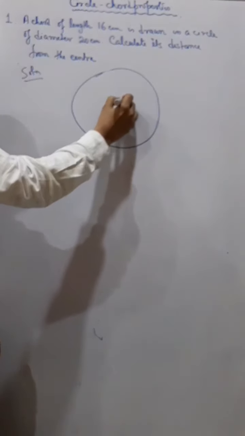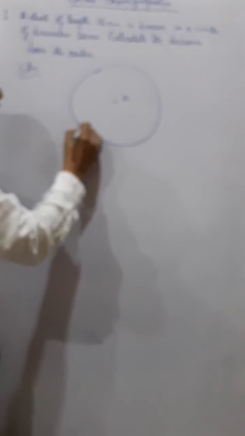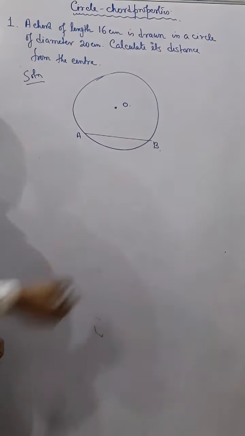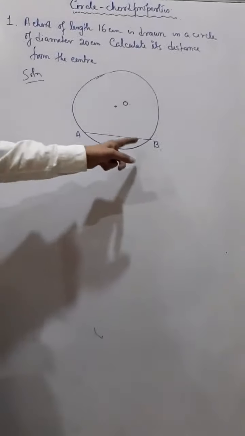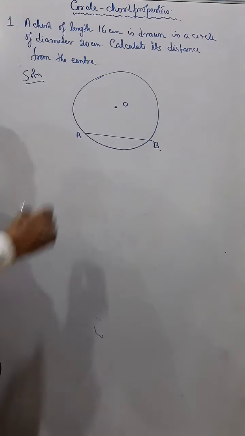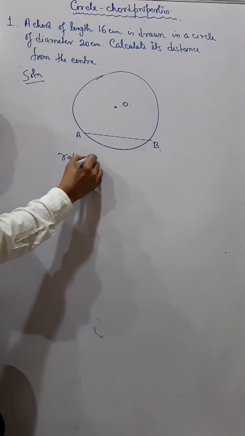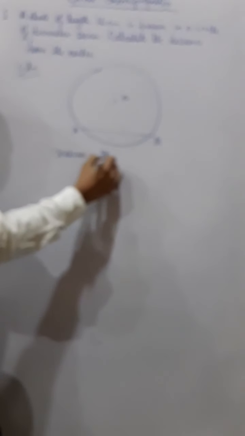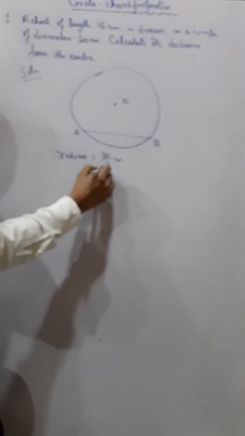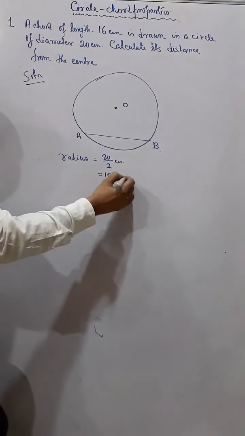So say the center is O and suppose this is the chord AB, and the length of the chord is 16 centimeter and the diameter is 20. So I can say that radius is equal to 20 by 2, that is 10 centimeter.